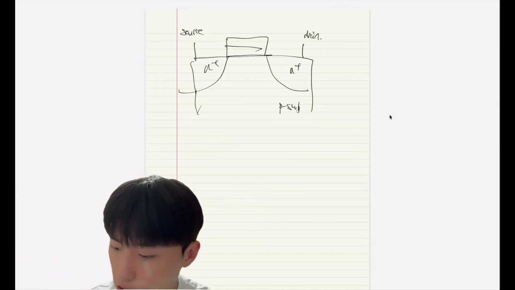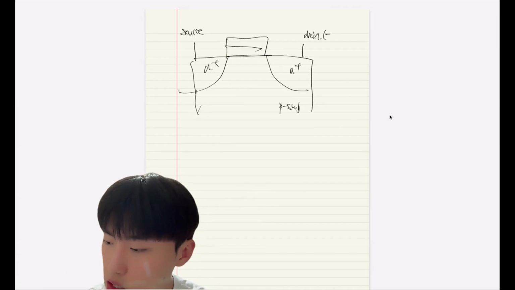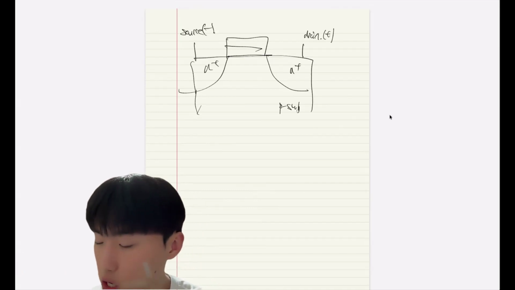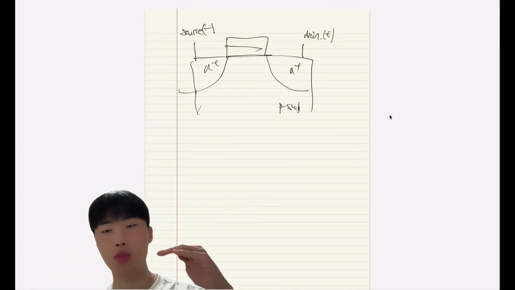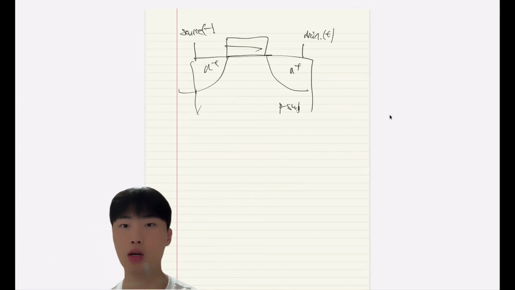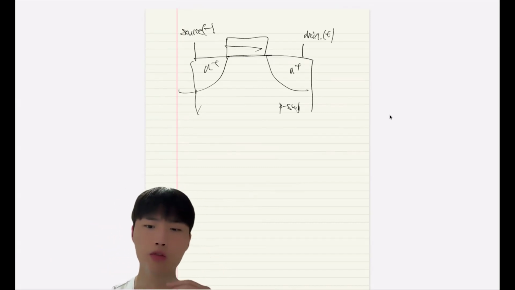So if we have the drain on plus bias and the source on minus bias, the drain side goes to the bottom, and then there will be some current flow.